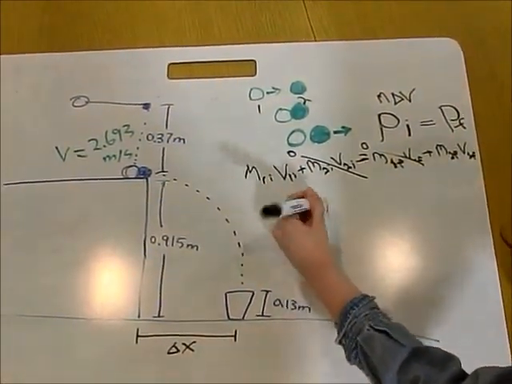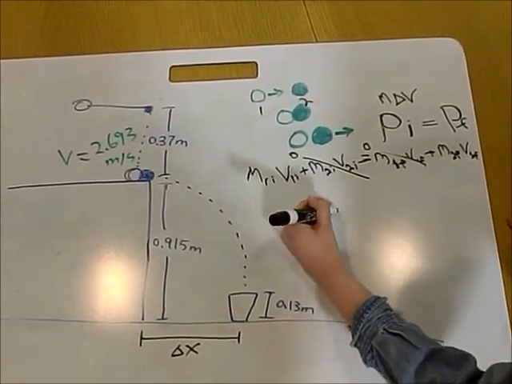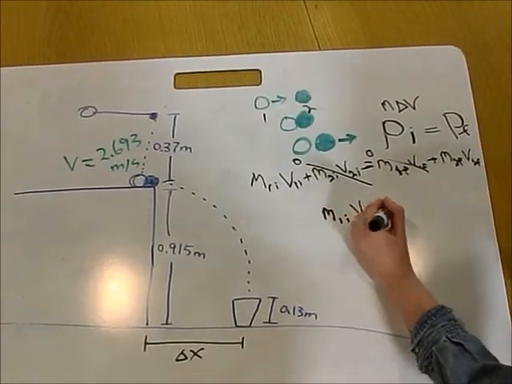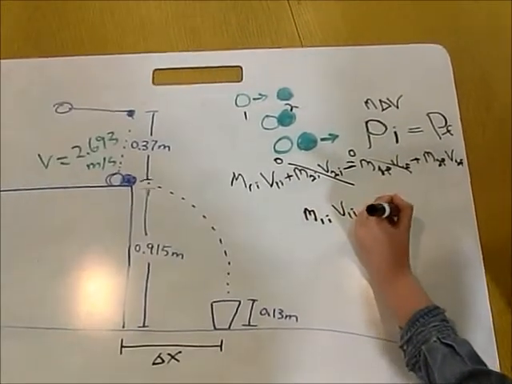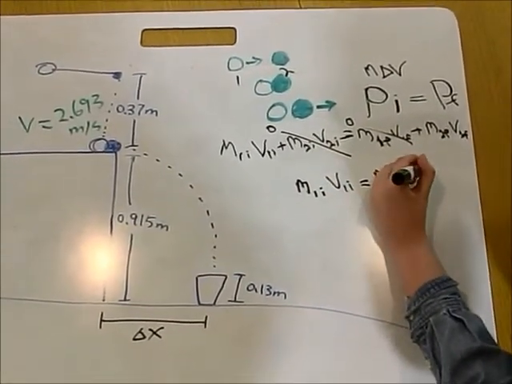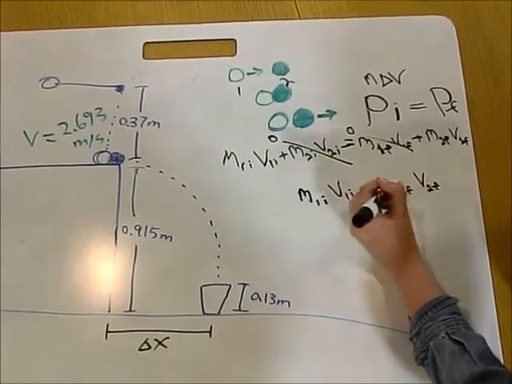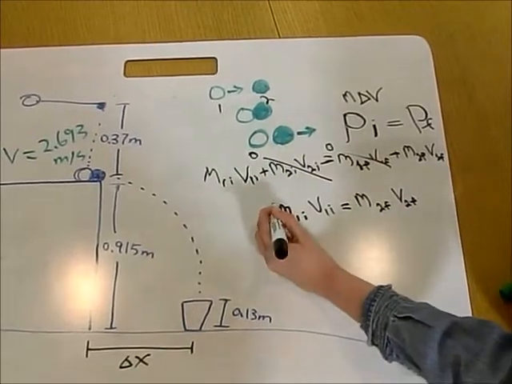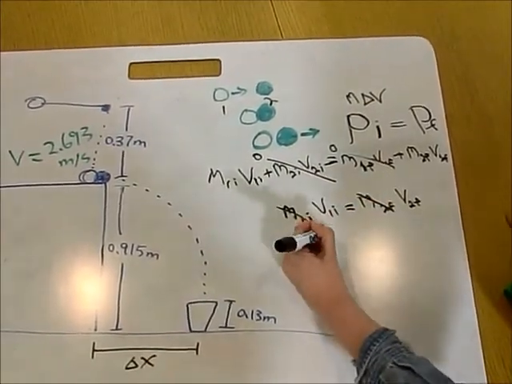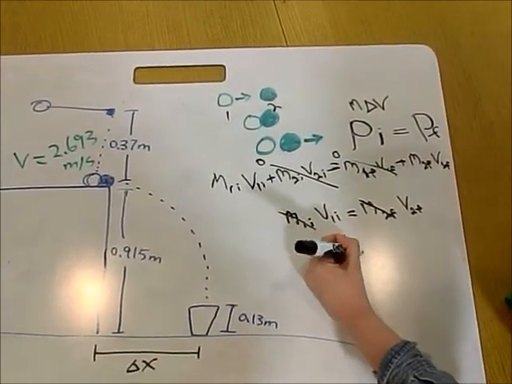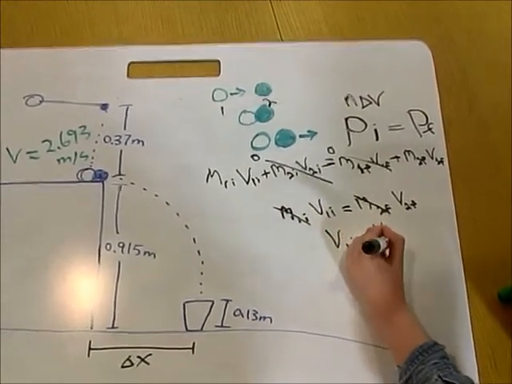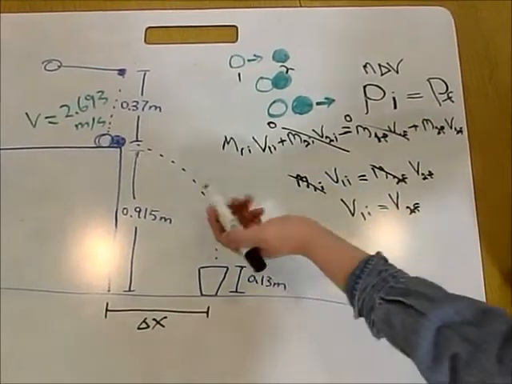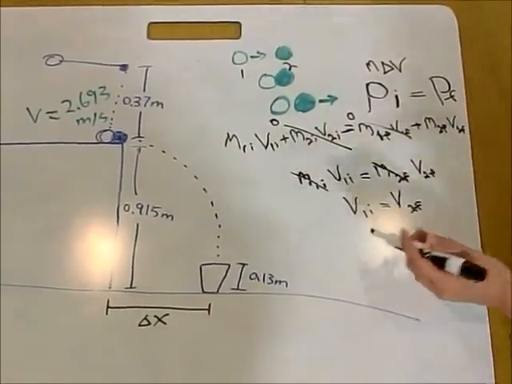That makes m1 v1 initial equal m2 v2 final. Since they have the same mass, the m's cancel out, and we have v1 initial equals v2 final. So v2 final is also equal to 2.693 meters per second.